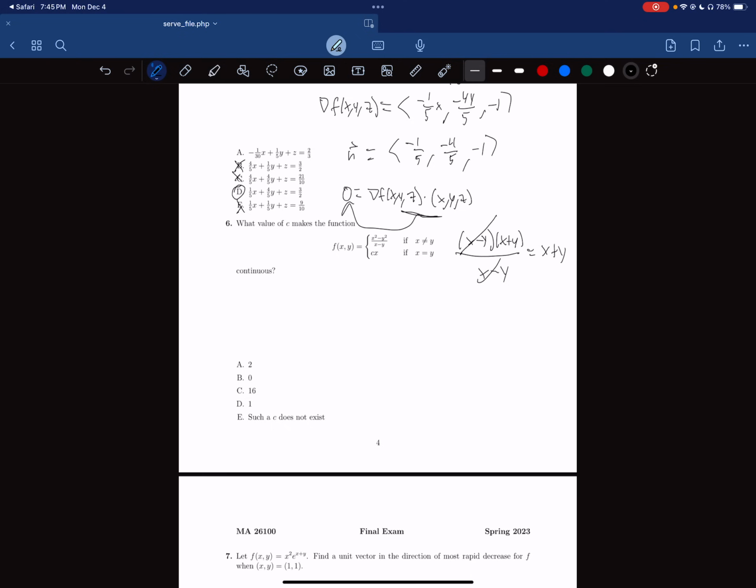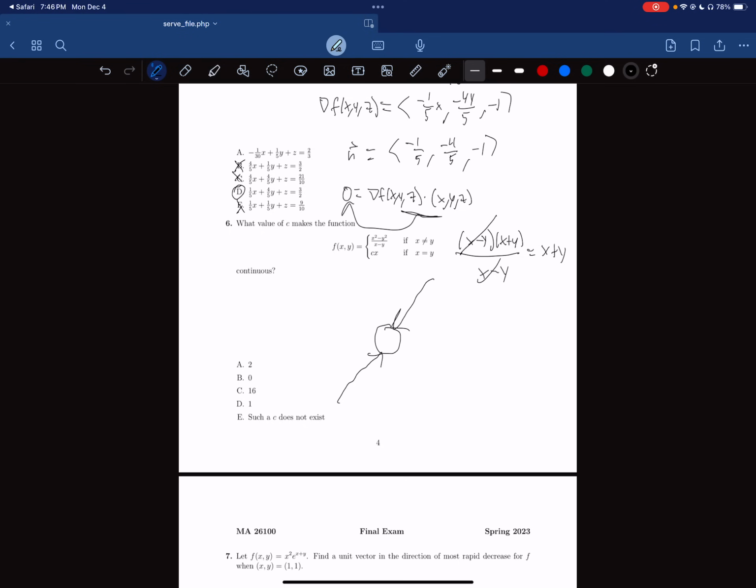And what this is really asking is, if right now we have some sort of discontinuity, it's not following the rule where if you go along the line x equals y, or y equals x, we should end up at the same value. That's what it's saying for it to be continuous.